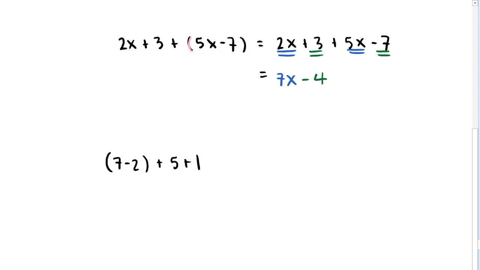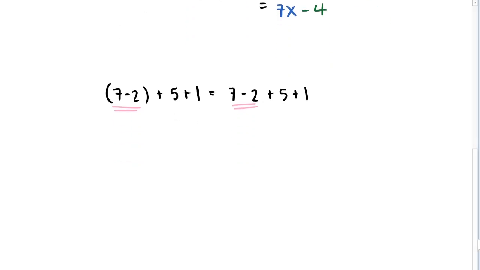And so this really is the same as just dropping those parentheses and writing 7 minus 2 plus 5 plus 1. The first thing we would do in this expression on the left is compute 7 minus 2, and that's really the same thing we would do on the expression on the right when the parentheses are omitted.